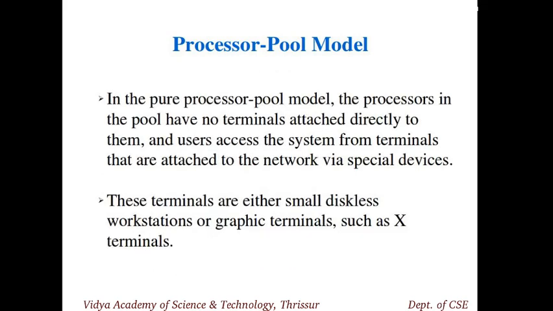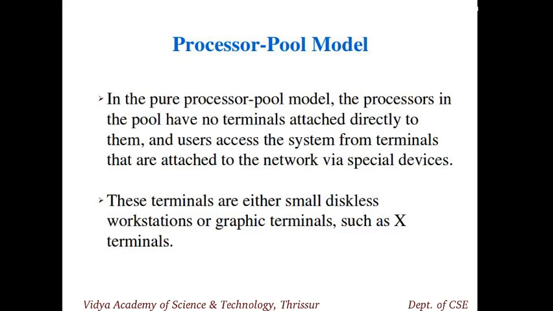In the pure processor pool model, the processors in the pool have no terminals attached directly to them, and users access the system from terminals that are attached to the network via special devices. Because local computation is not happening, it can be done at the central location, and dynamically it can be fetched according to the requirement.